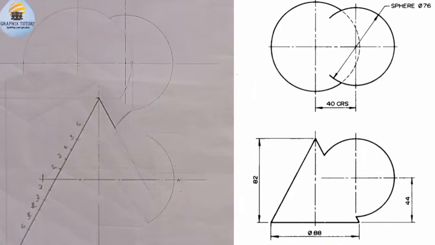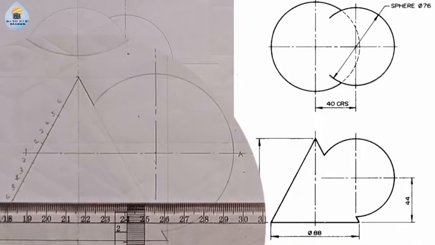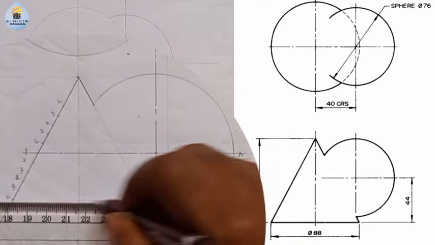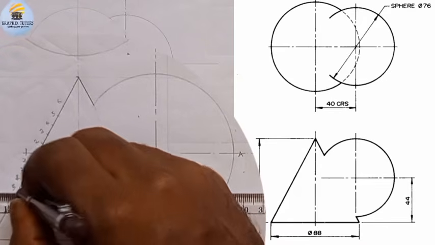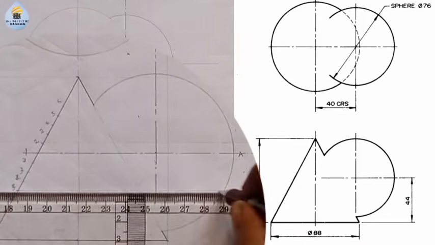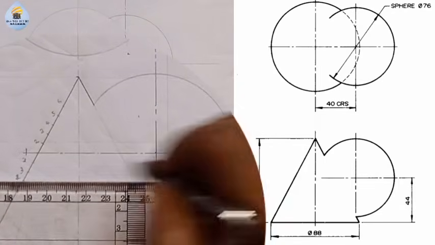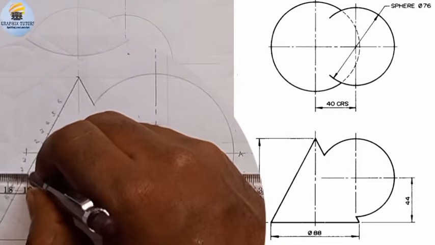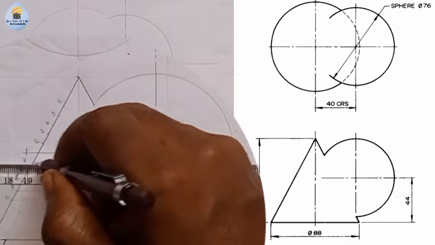So I use my set square, my T-square. I'm going to draw a horizontal line that will be touching the sphere, and on the other side another horizontal line. I'll do that continuously that way.